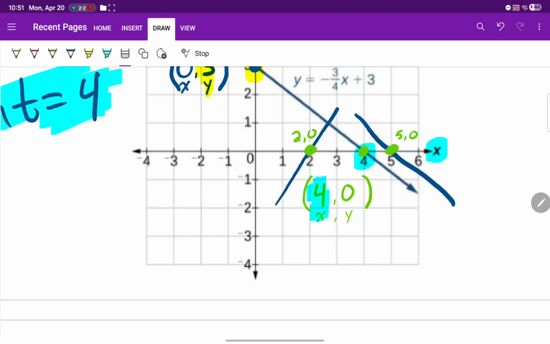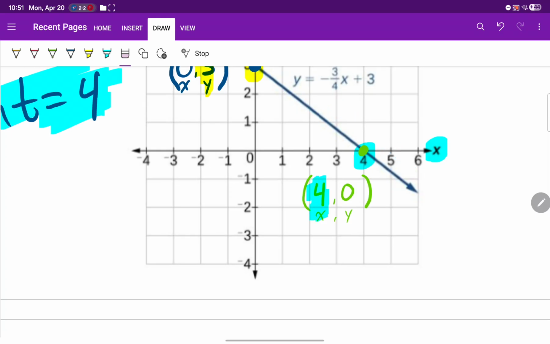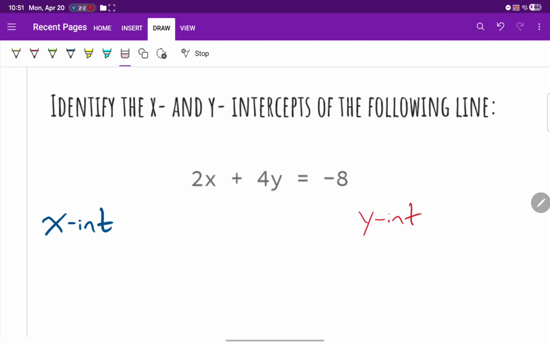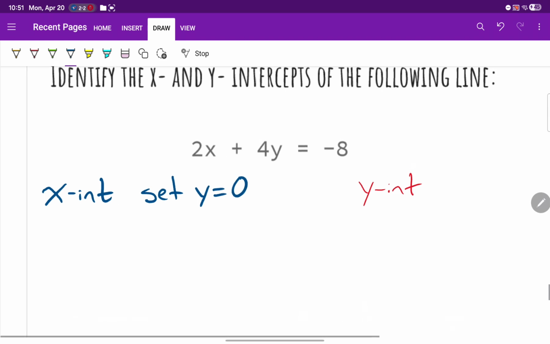So if I want to, in the next question, figure out what the x-intercept is, what I'm going to do is set y equal to 0 and then solve for x. Okay?